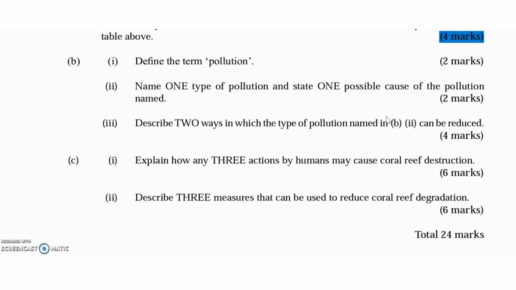For example, you can use wind energy, you can use electric energy, which is battery related. You can also use solar energy, hydroelectric power, and geothermal energy. That is one.